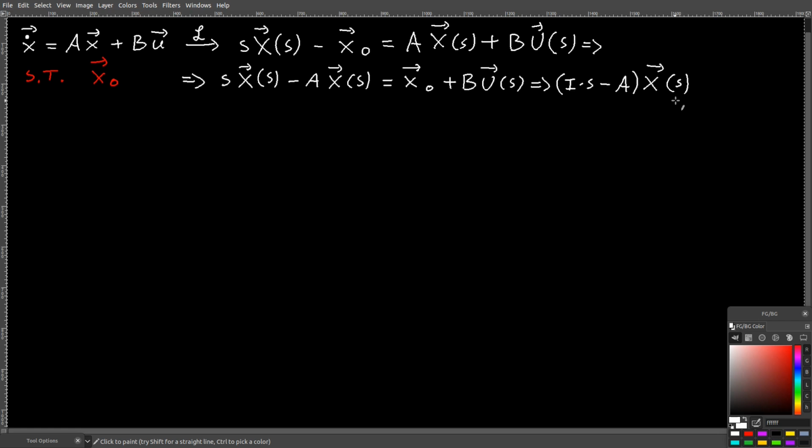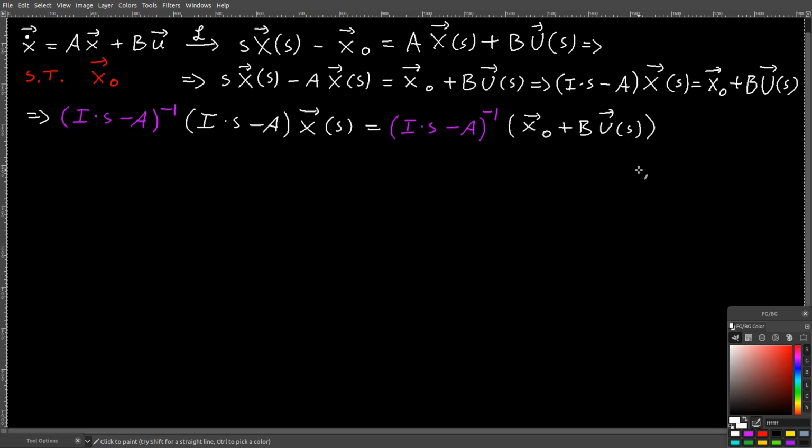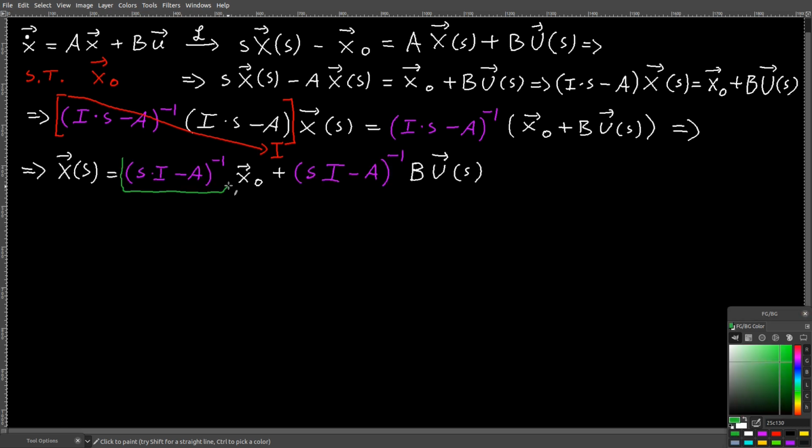I can then factor out my X, and solve for X(s), and you can do it in this way. Here, of course, you will have an identity matrix, and so in the end, your X(s) will be this one. In literature, this inverse matrix is also denoted with big Phi as a function of s.